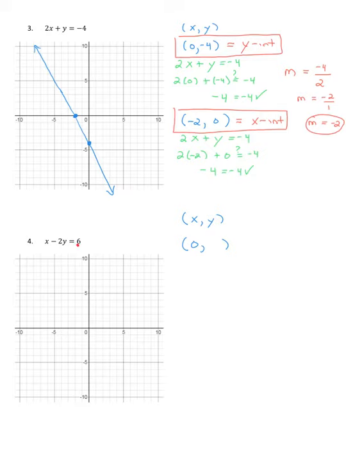Does this work in my equation x minus 2y is equal to 6? And the answer is yeah. 0 for x, negative 3 for y gives me that 6 is equal to 6. That is a true statement. So I have the point (0, -3), and the nice thing about this is it's the y-intercept.